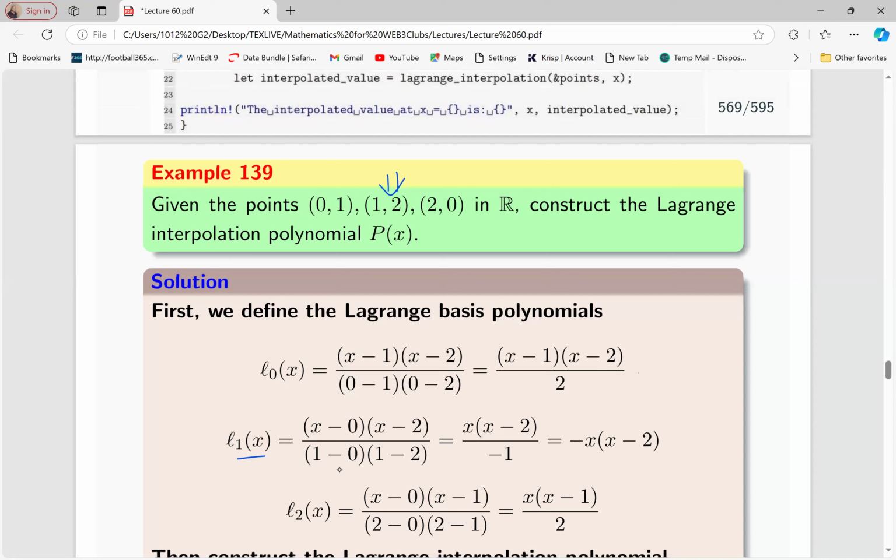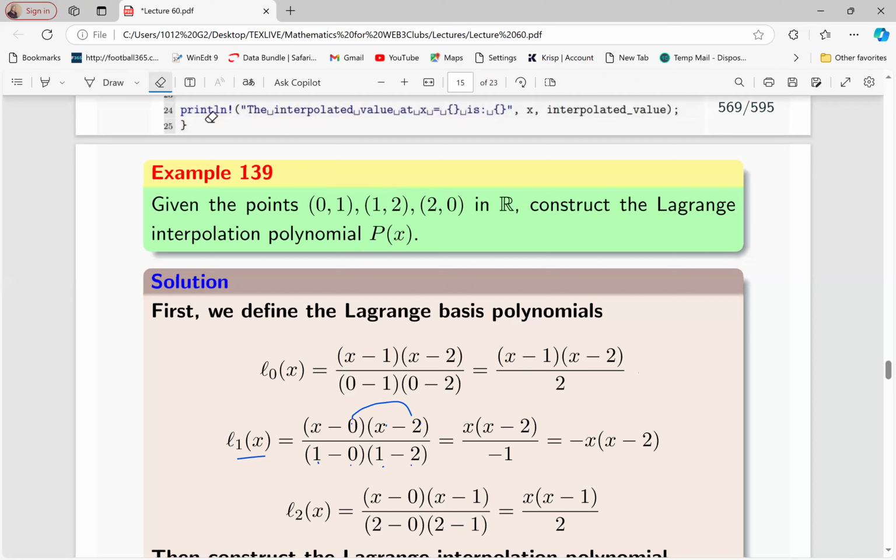So take x minus the other values of x, so x minus 0, x minus 2. Then take the value of x of the point you're considering, minus the same values you subtracted above. So it will be 1 minus 0, 1 minus 2. That gives you that. Then you move to the last point.